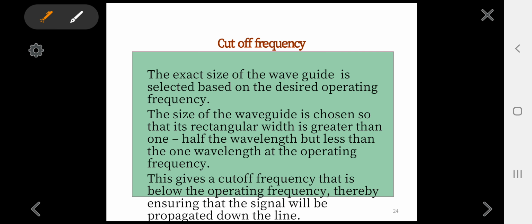So how can you define a cutoff frequency? The exact size of the waveguide is selected based on the desired operating frequencies. The size of the waveguide is chosen so that the rectangular width is greater than one half the wavelength but less than one wavelength at the operating frequency.